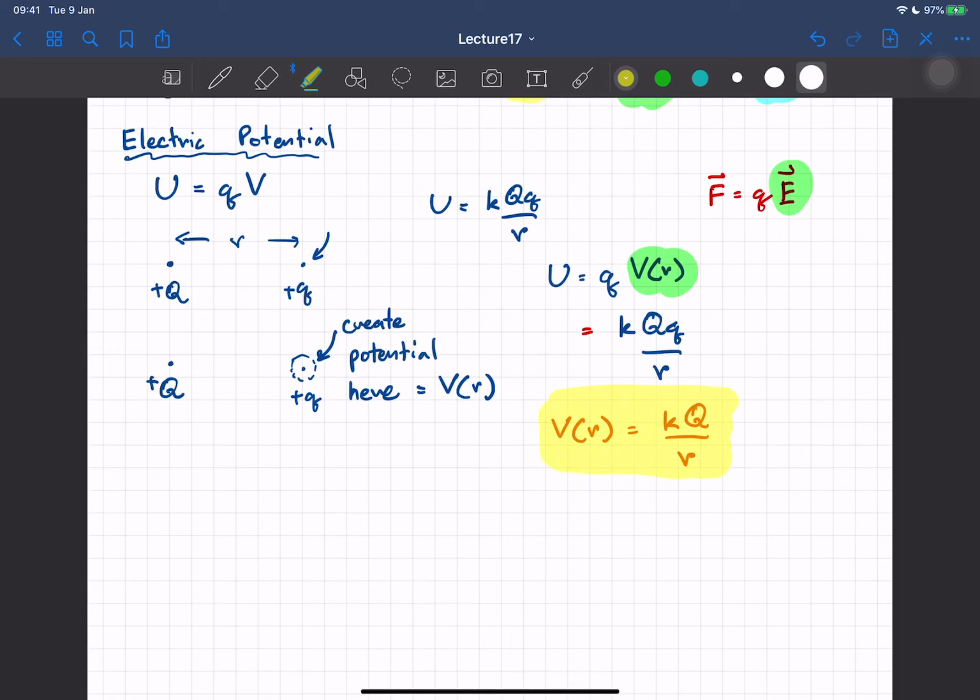And again, I want to emphasize that potential V makes no reference to the small charge, small q, right? Because it doesn't care if small q is there or not. Right? You just want to create potential at the point that you're interested in. Okay, similar to electric field, remember, is equal to KQ divided by R squared. So note the difference here. One is 1 over R, the other one is 1 over R squared.